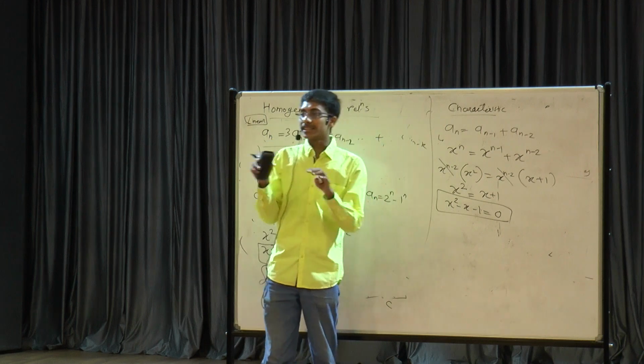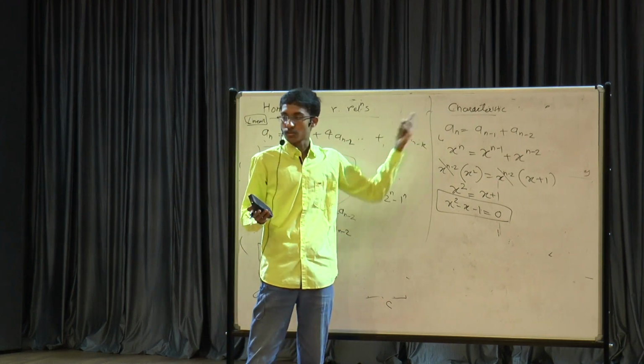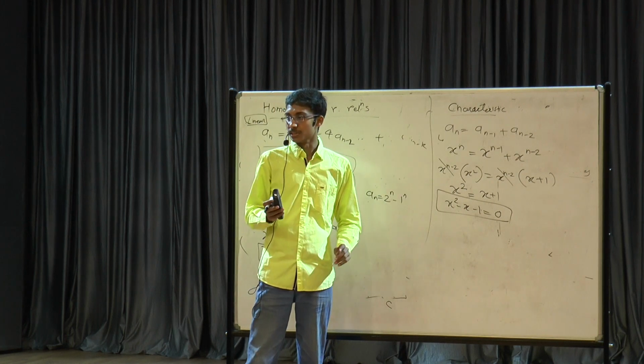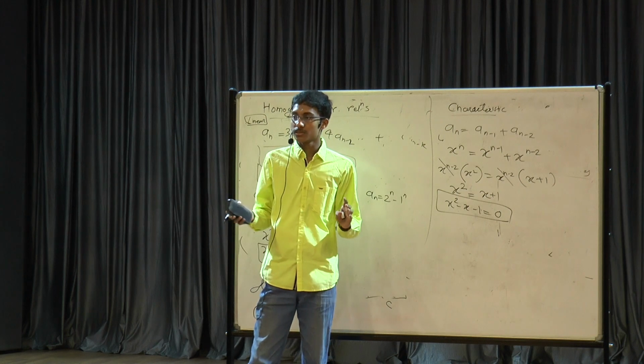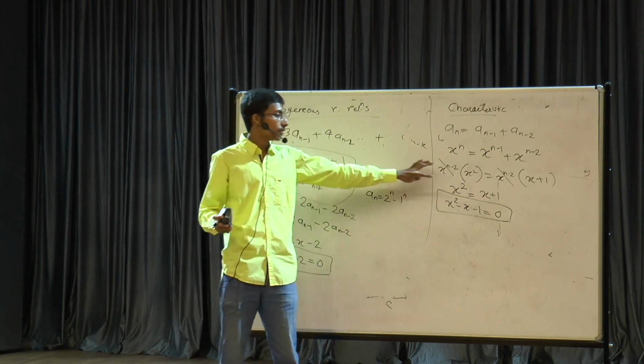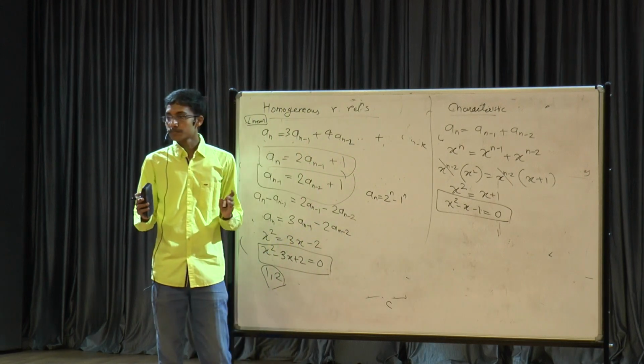So it's like a characteristic of your entire sequence. That's why these equations are called characteristic equations, because they define the character of your entire sequence. And then you can get this formula in terms of the roots.